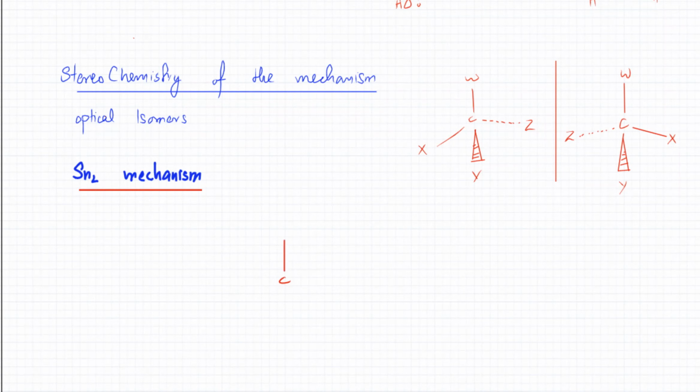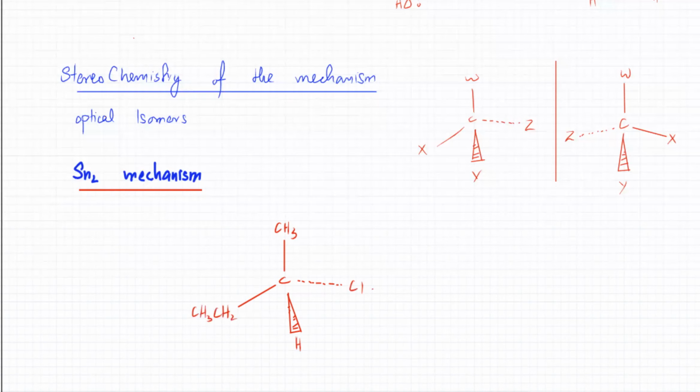I'm drawing the three-dimensional image of this molecule. Remember, when carbon is bonded to 4 atoms, it's tetrahedral. So that's a tetrahedral carbon atom. And let's say there's this secondary halogenoalkane, and it's chiral as well. So all 4 groups are different. And there is an H over here and a Cl on this side.